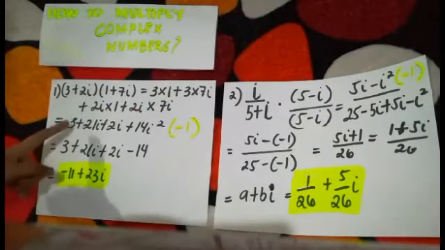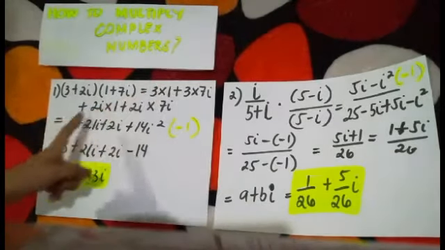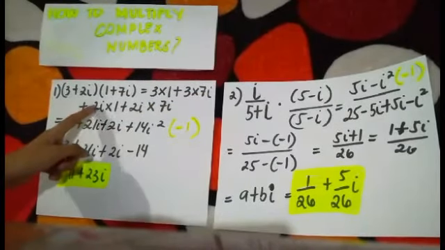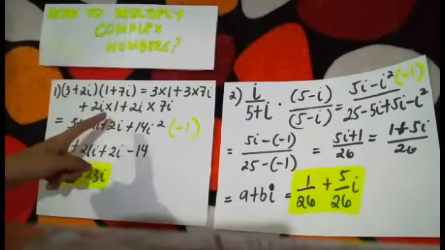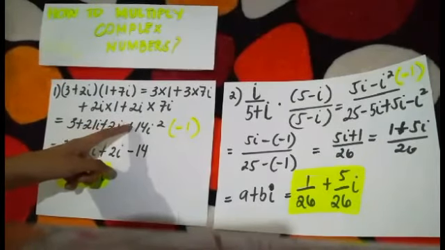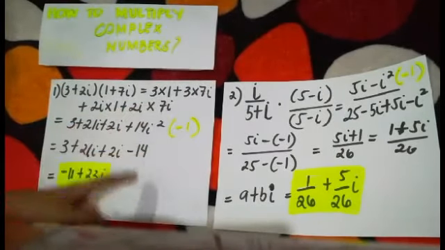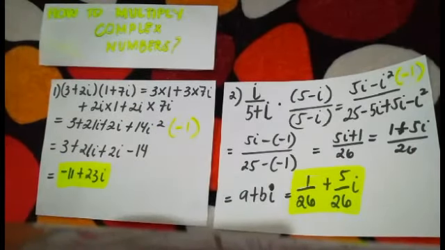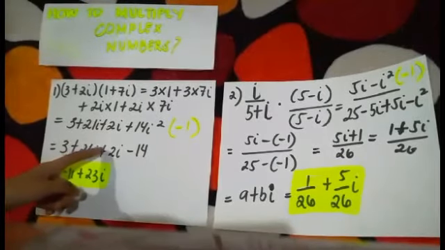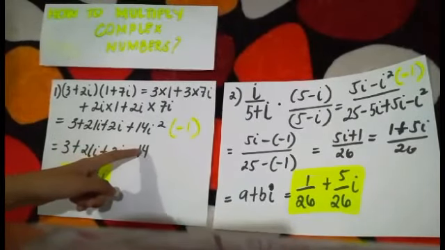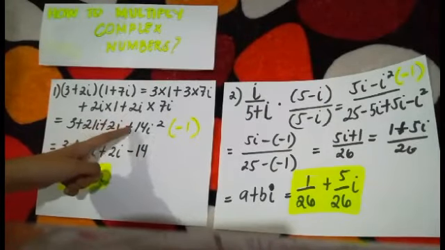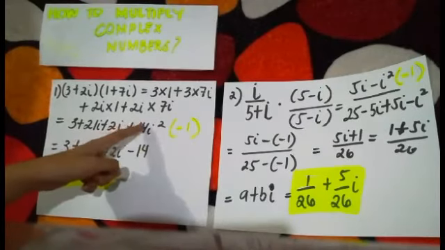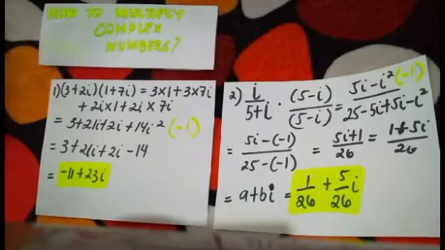3 times 1 equals 3. 3 times 7i is equal to 21i. 2i times 1 is equal to 2i, plus 2i times 7i is equal to 14i squared. i squared is equal to negative 1. So 3 plus 21i plus 2i minus 14, because positive 14 times negative 1 is negative 14.